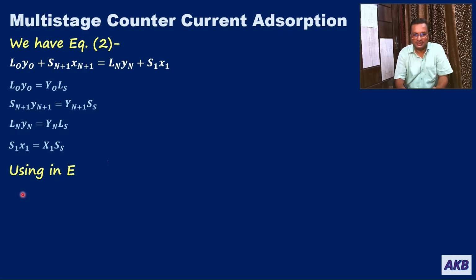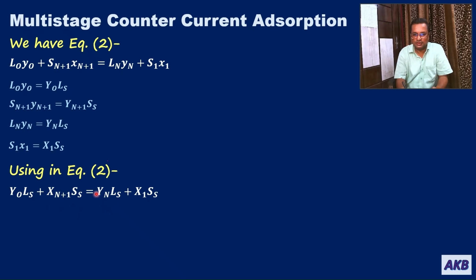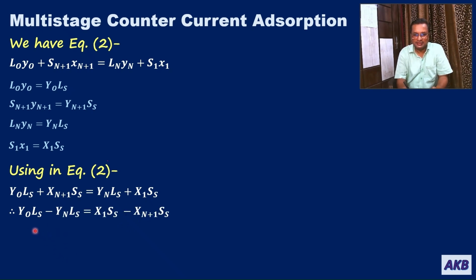So let us do the replacement. If you use all this in equation number 2, we will have capital Y0 into Ls plus capital Xn plus 1 into Ss, that is equal to capital Yn into Ls plus capital X1 into Ss. Then let us have all Ls terms on one side.